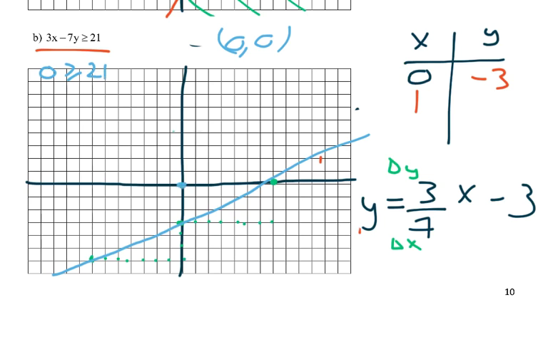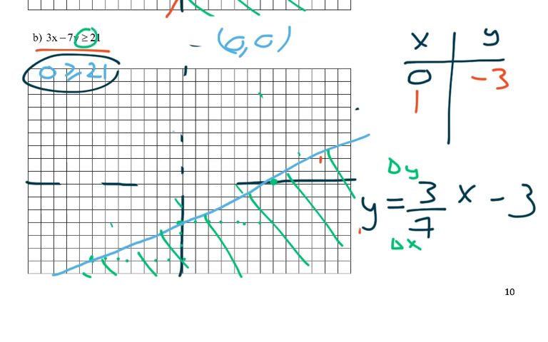So (0, 0) is on this side of the line. It doesn't satisfy the inequality. So that means that the side that does satisfy the inequality must be the other one. And so we're going to shade in this side here. Do we need to dash the line? We don't, because we've got greater than or equal to.